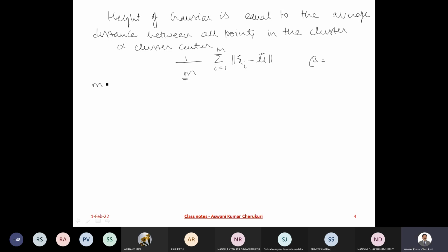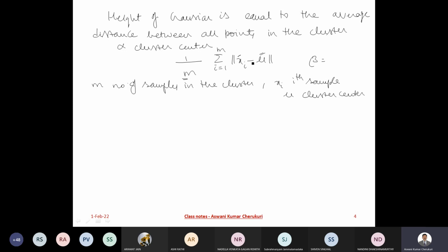So what is this m? It is the total number of samples in the cluster, the number of data points in the cluster, xi is the ith sample, and mu is the cluster center. So you calculate the average distance between all points in the cluster and the cluster center.